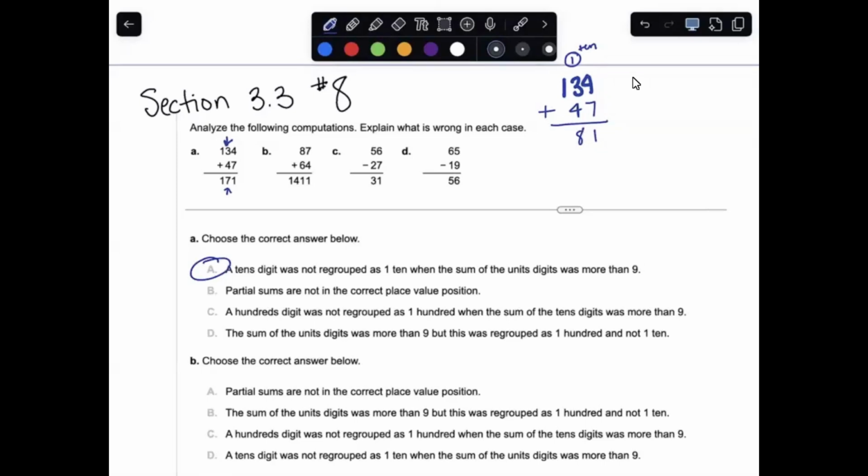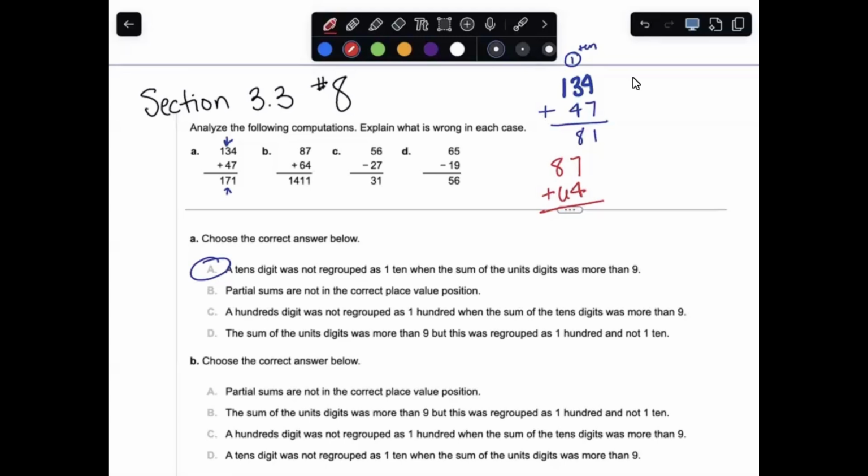All right, so if we look at part B, we're trying to add 87 plus 64. If we were going to do this, we would ask ourselves, in our ones place, I have 7 ones plus 4 ones. How many ones is that? That is a total of 11 ones.